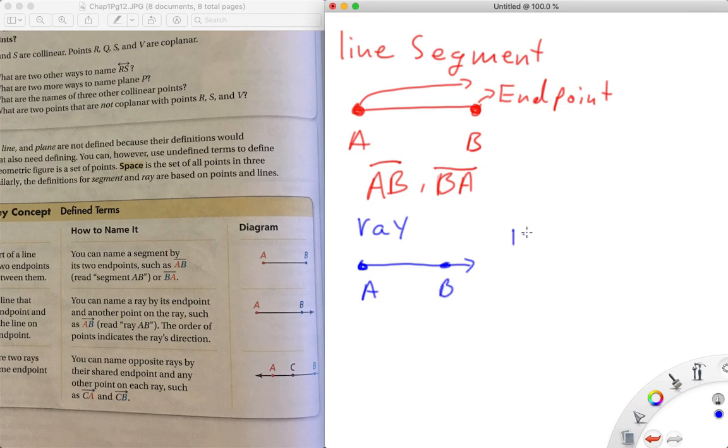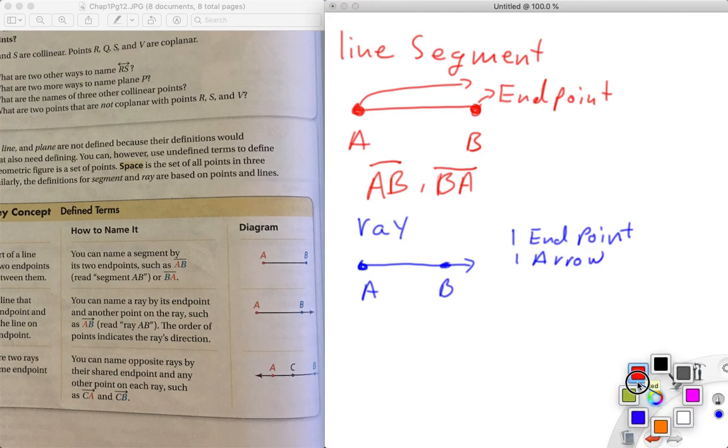So one endpoint, one arrow. Here, for a line segment, there are two endpoints, no arrows.